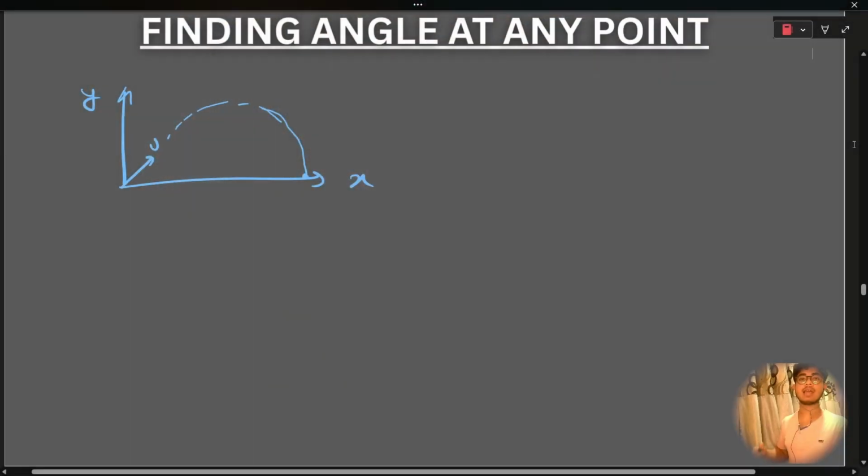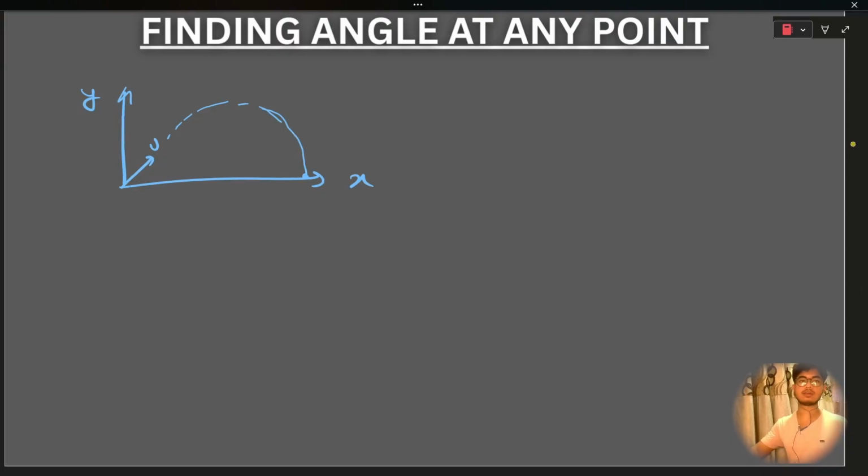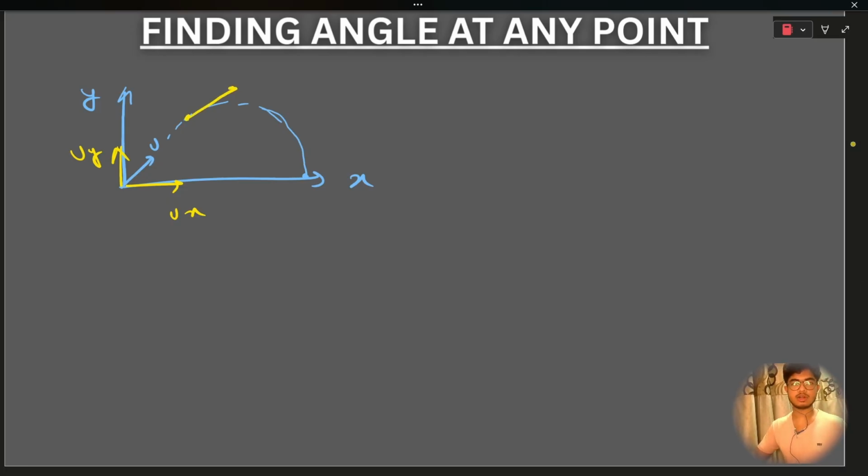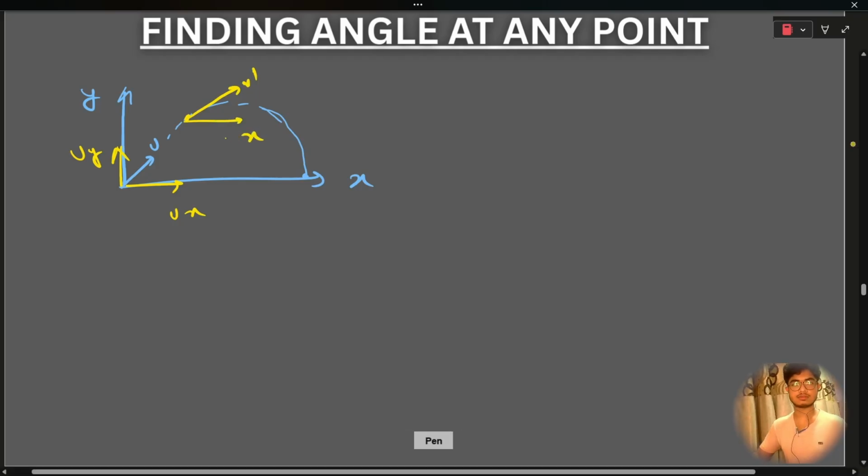So how to find the angle at any point in a projectile? Suppose this is Vy or Uy, Ux, and we have to find the angle at this point. At this point, this will be some random velocity. The horizontal component will always be the same, that is Ux, and the vertical component will be something else.